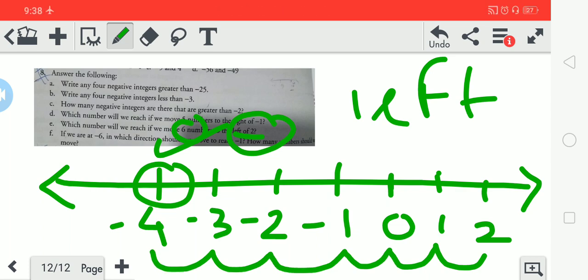I reach the minus 4 point. So my answer in this case is minus 4. We'll see this question again.